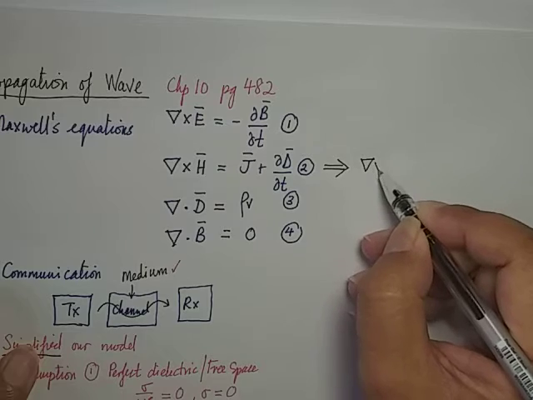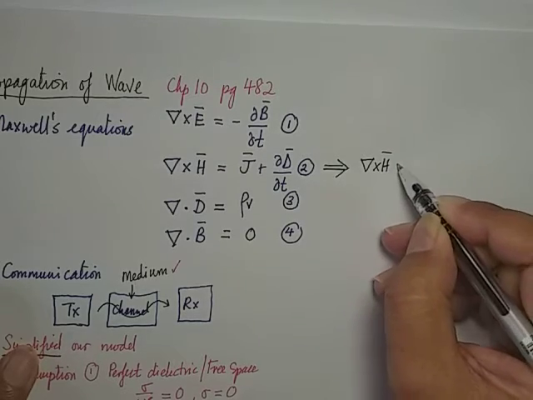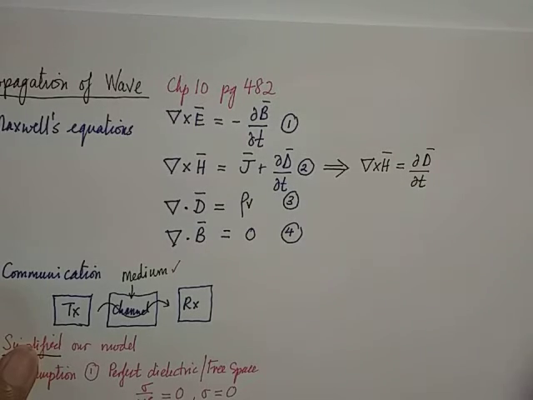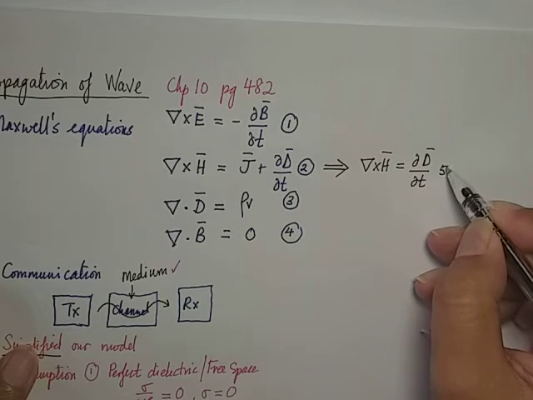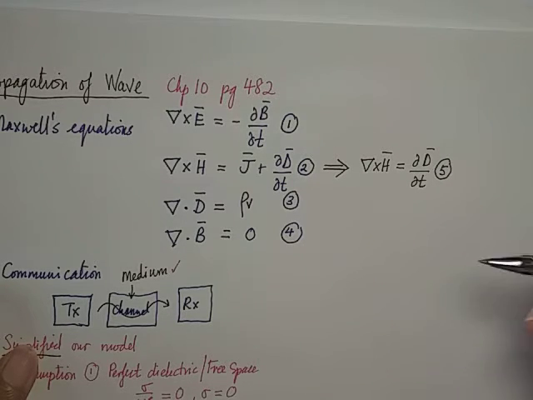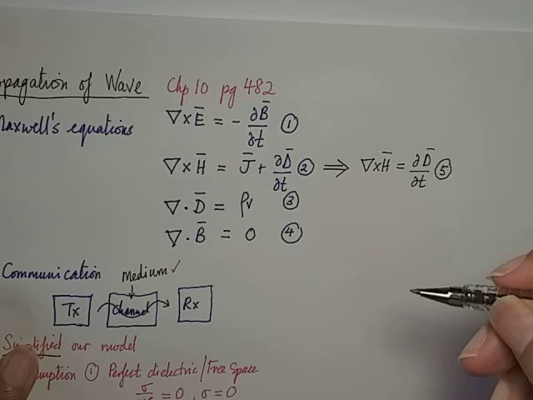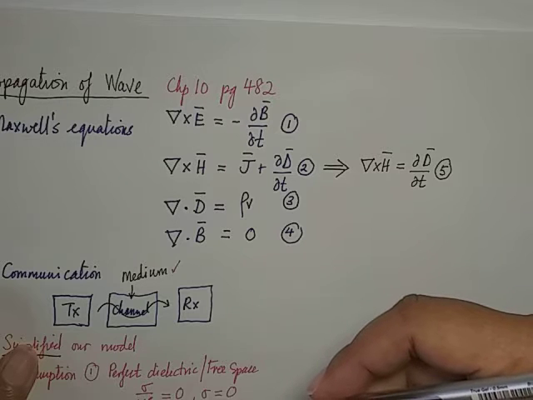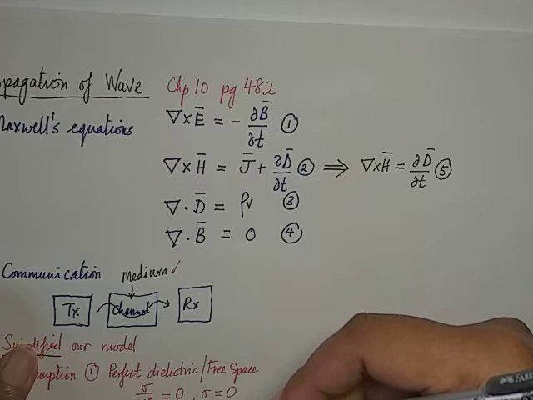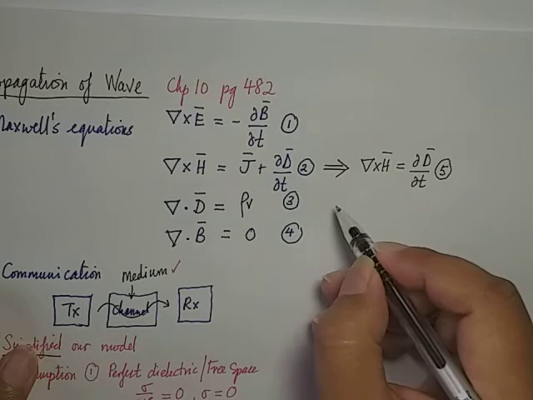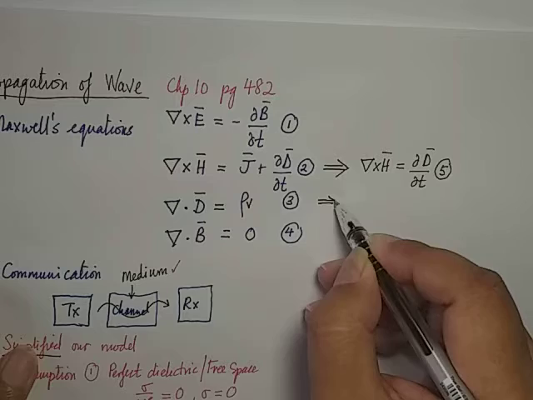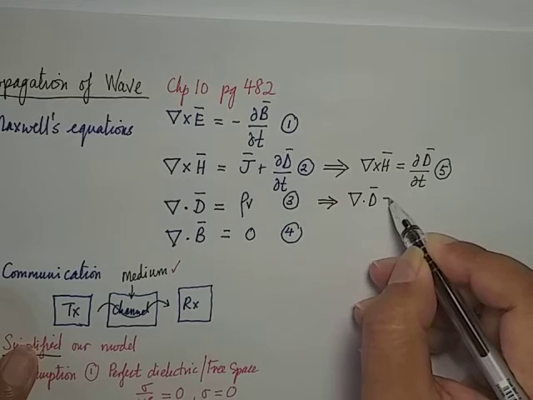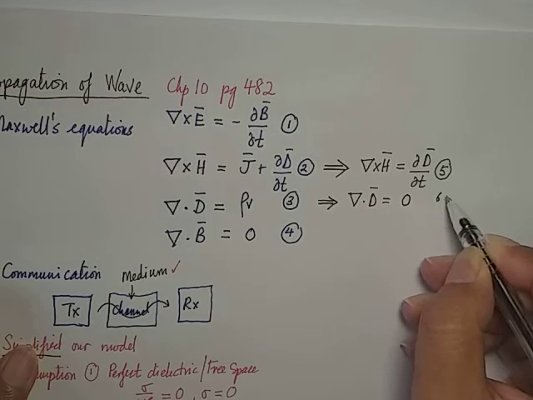We state that the curl of H can now be written as d over dt of D, and we denote that as our equation number 5. We don't have equation number 2 anymore. Equation number 2 has been changed into equation number 5 in order to fulfill assumptions number 1 and number 2 that we put forward before. Similarly, equation number 3 needs to be changed, and now it becomes the divergence of D equal to 0. So this is equation number 6.